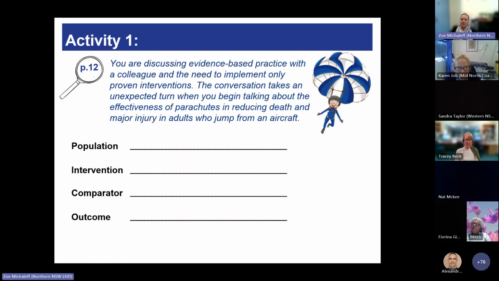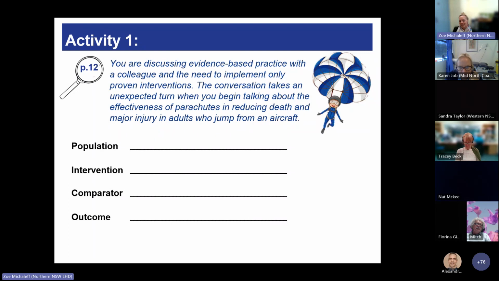We're now going to put into practice some of the information that we've just learned about. So in this hypothetical scenario, you're discussing evidence-based practice with a colleague, and the need to only implement proven interventions. This conversation takes an unexpected turn when you begin talking about the effectiveness of parachutes in reducing death and major injury in adults who jump from an aircraft.